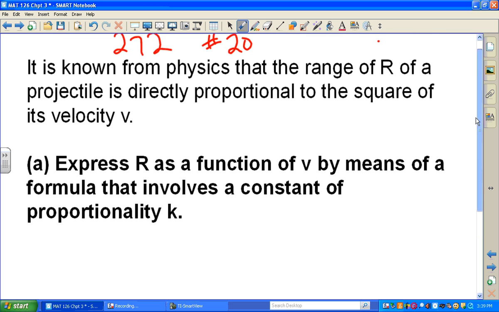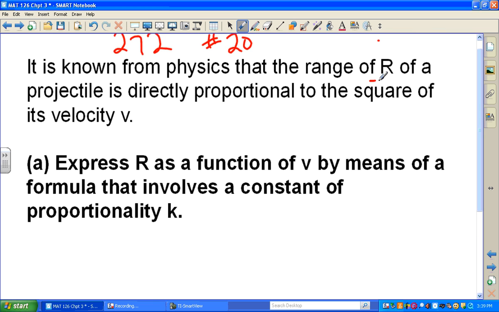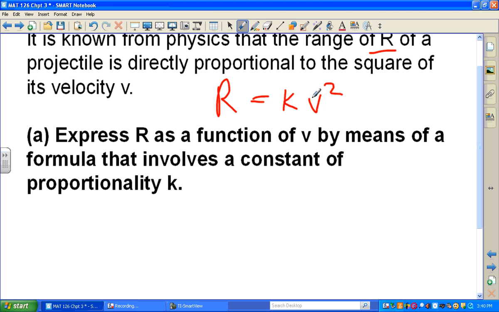So express, it is known from physics, the range R of a projectile is directly proportional to the square of the velocity v. Express R as a function of v. Before I get to A, R is directly proportional to the square of v. R equals kv squared. Express R as a function of v by means of a formula that involves a constant of proportion. So, I changed my equation. How do I change it to a function? Easy.